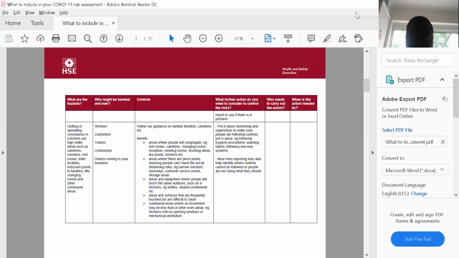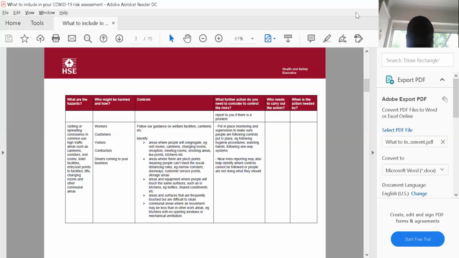It talks about hard to clean areas. Talks about areas and surfaces that are frequently touched. Equipment where people touch the same surfaces. So obviously steps to be taken around that.